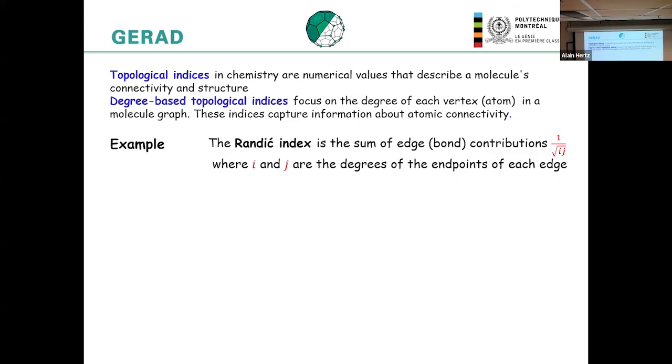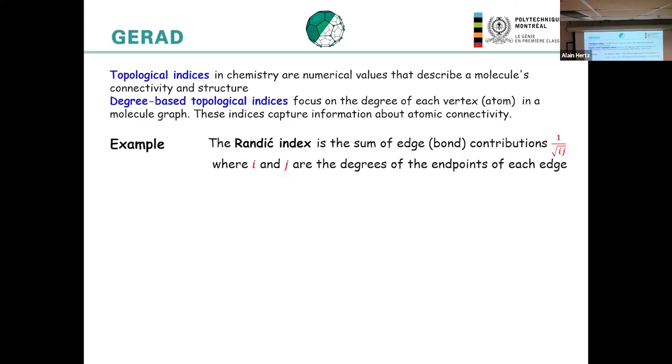So if you have an edge that links a vertex of degree 2 to a vertex of degree 3, this means that the weight depends on 2 and 3. That's it. So all edges having endpoints of degree 2 and 3 have the same weight. So you can define the weight. There are at least 50, if not 100, different degree-based topological indices that exist in the literature.